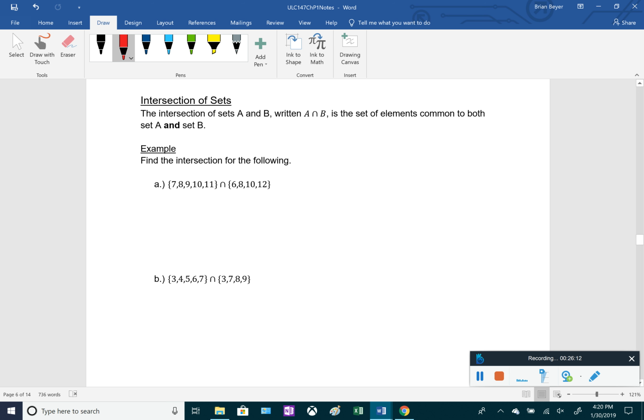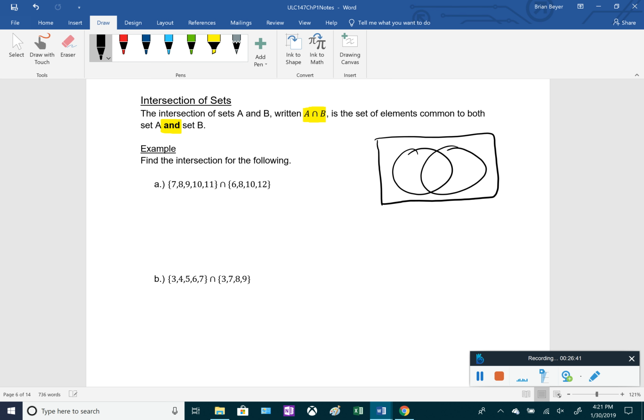Okay, so next thing that we're going to be doing is the intersection of sets. For the intersection of two sets, we write that like this with that little cap, and we read that as A intersects B. It's the set of elements common to both A and B. So if we were doing a Venn diagram, and this circle was set A, this circle was set B, the intersection of the sets, you can just think of the word intersection normally.